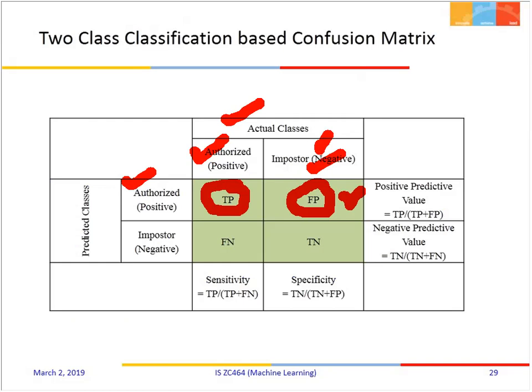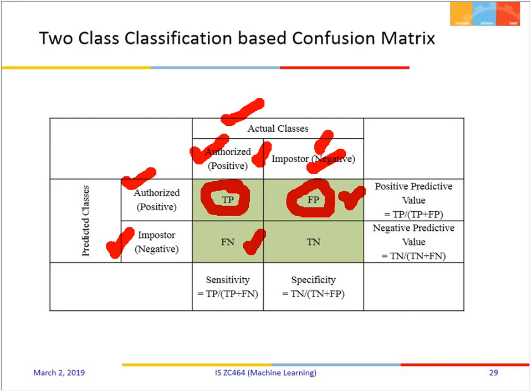You can see that on the column side is the actual class. So if it is the imposter and is predicted as authorized, there will be false positive. So what is written inside this green square is correct. Similarly, when an authorized actual class, you can see that it is the first column, is recognized as imposter, then it is false negative.